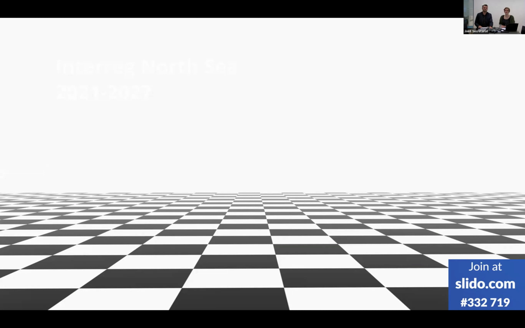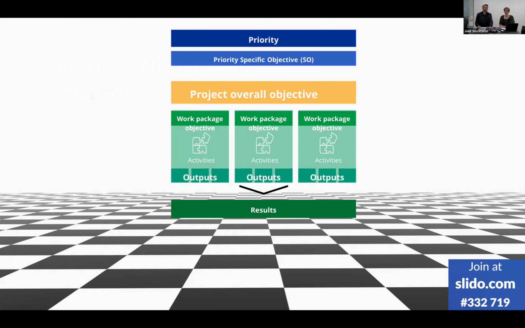Because when playing chess, you have to think ahead, and one step you make will influence the next. That is very similar to our intervention logic of the North Sea region program. If you look at the different building blocks, they remind very much of the different steps on a chessboard because they are all interlinked. And again, one step you take is influencing the next.